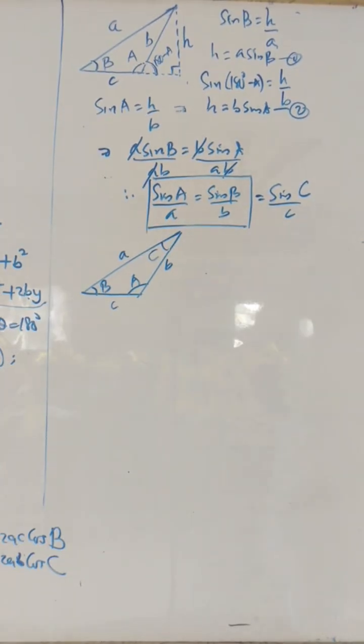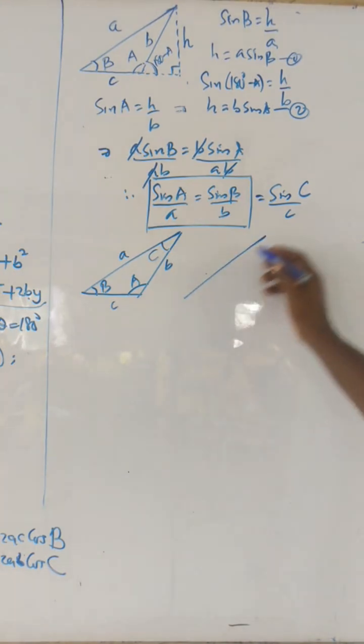Sine rule. So sine rule is used for a triangle if we have two sides and two angles and one of them is unknown. So let's suppose we have a triangle like this.